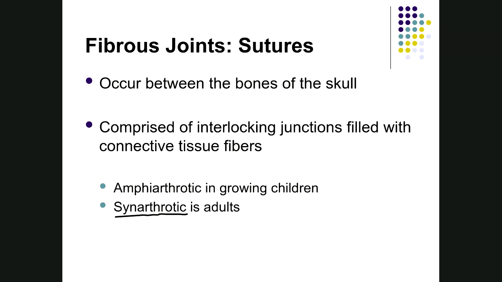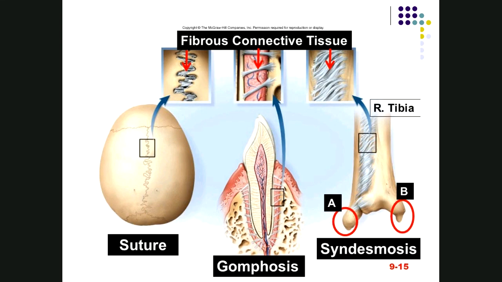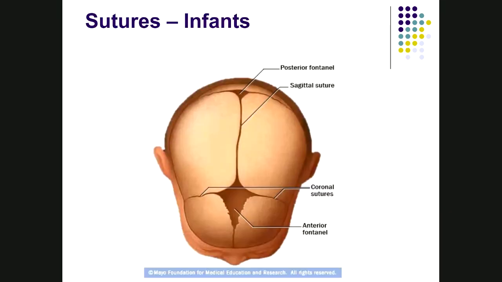But remember we looked at a fetal skull similar to a small child. And remember we had those things called fontanelles, those soft spots. What fontanelles do is allow the skull to move a little bit. And so in growing children, there is a little bit of movement, and so they're amphiarthrotic. So if you look at the difference between an adult skull and an infant, here's an infant here.